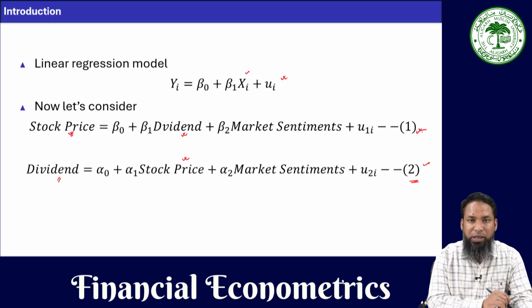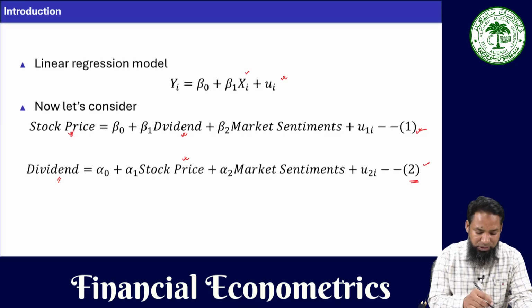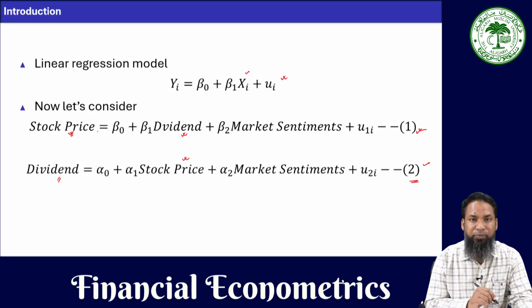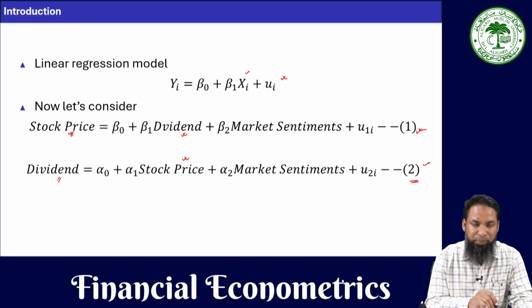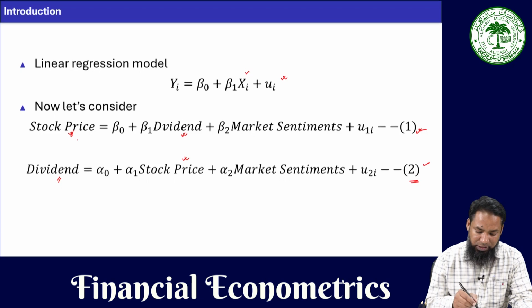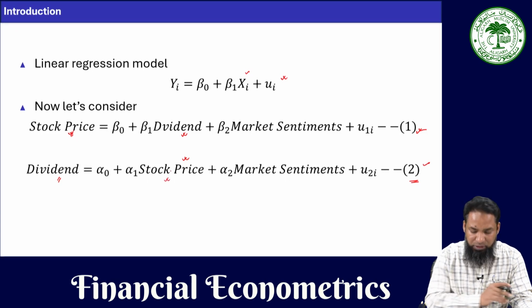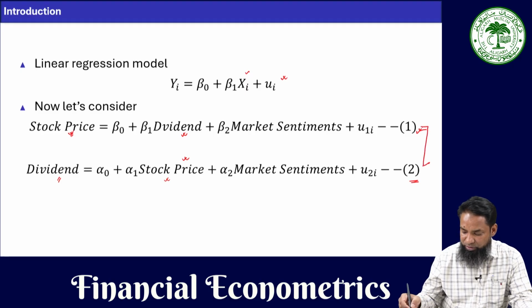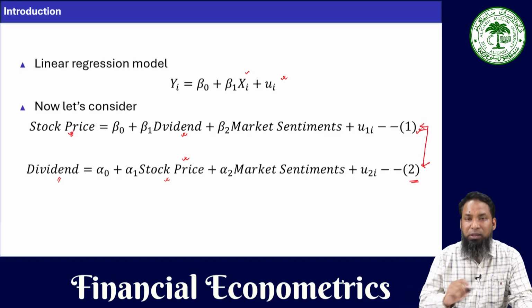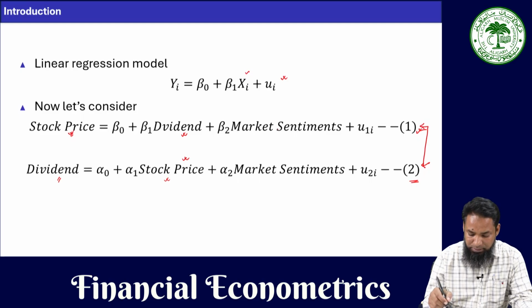So there is some kind of interlinkage between these two equations, with dividend being the explanatory variable but at the same time also the dependent variable, and the same goes for the stock prices. In the first equation where it is the dependent variable, it acts as the independent variable in equation 2.